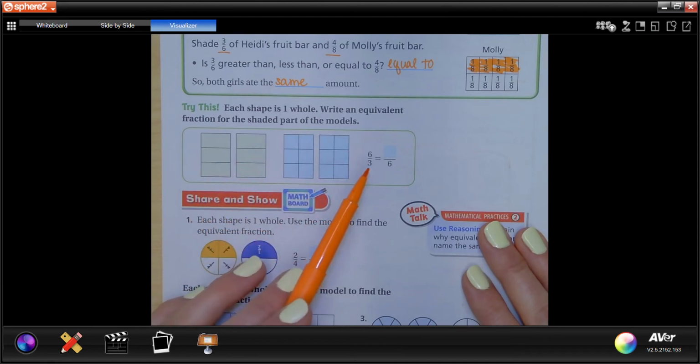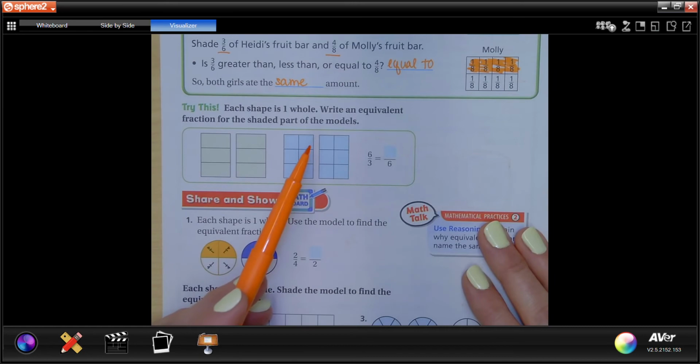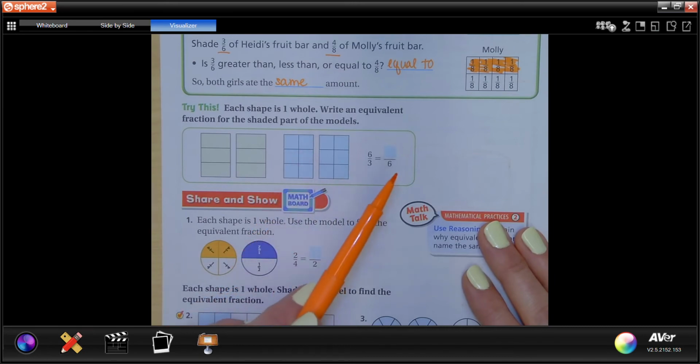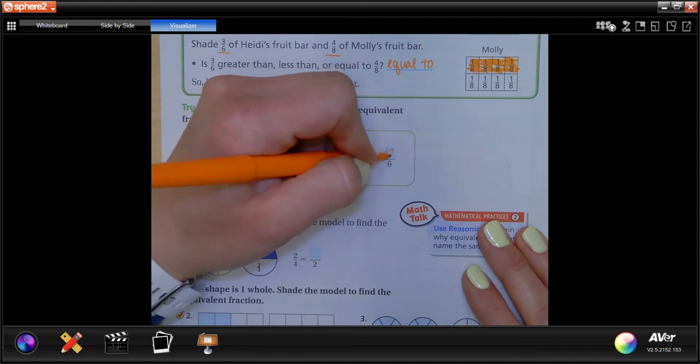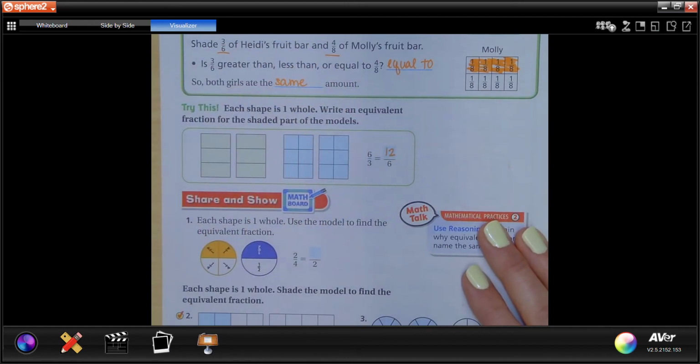So 6/3 are shaded. Over here, how many make up one whole? 1, 2, 3, 4, 5, 6. 6 is our denominator because 6 parts make up one whole. How many are shaded altogether? 1, 2, 3, 4, 5, 6, 7, 8, 9, 10, 11, 12. So 6/3 is equivalent to 12/6.